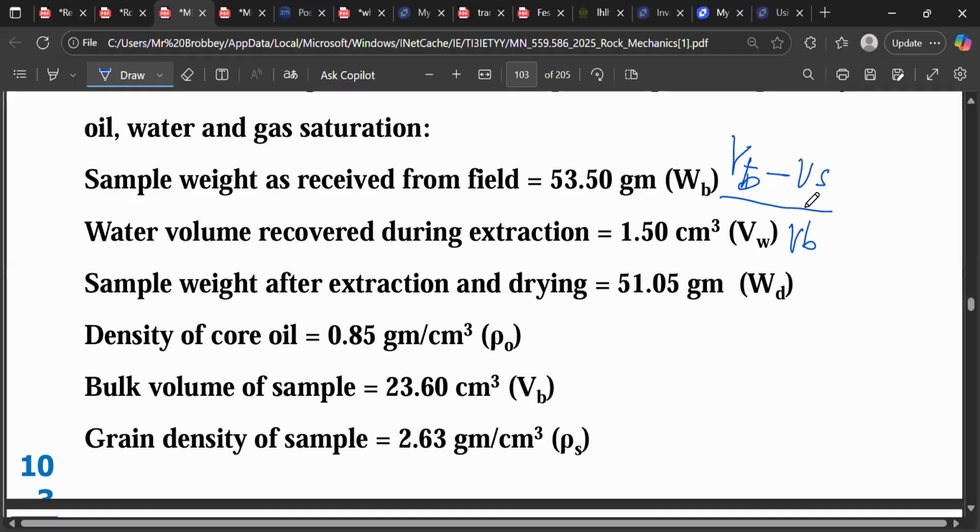So density is mass over volume. Making volume the subject gives us the mass divided by the density.